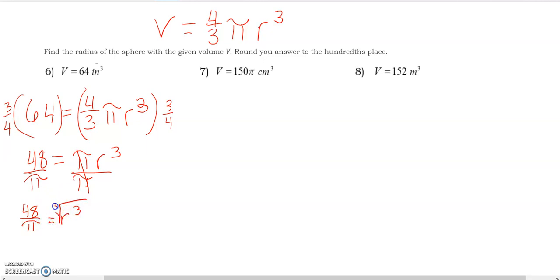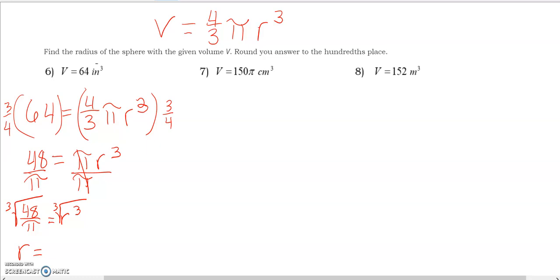The next thing we're going to do is take the cube root. On my calculator, I would be typing in 48 over pi. In Desmos, you can just type in pi and it'll automatically work.